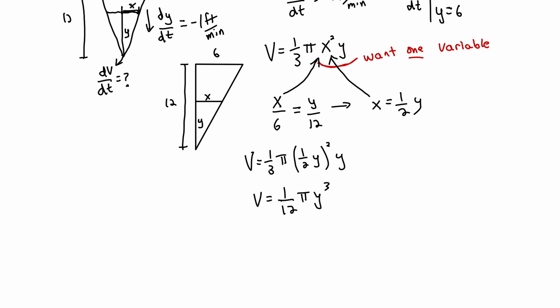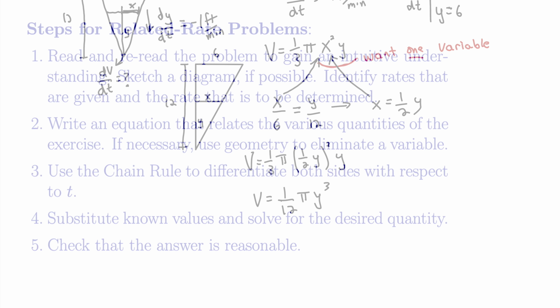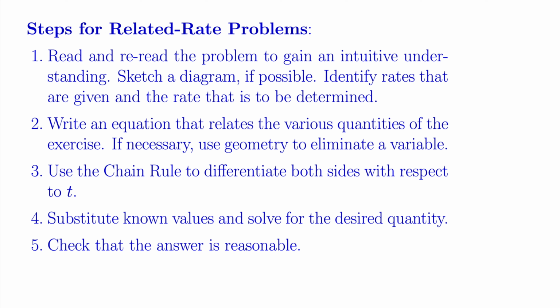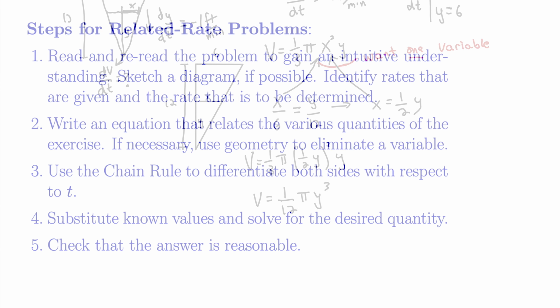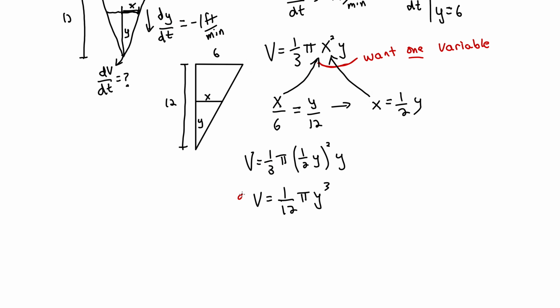And now we can take the derivative of both sides with respect to time. Going back to our steps here, we are now on step 3: use the chain rule to differentiate both sides with respect to time. Okay, no problem. We'll just take d/dt of both sides. So what do we have?